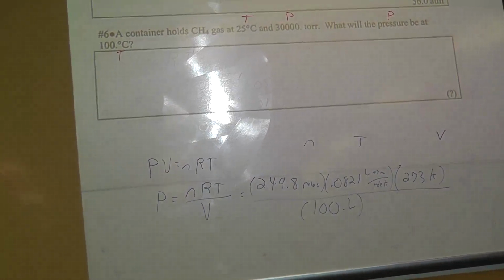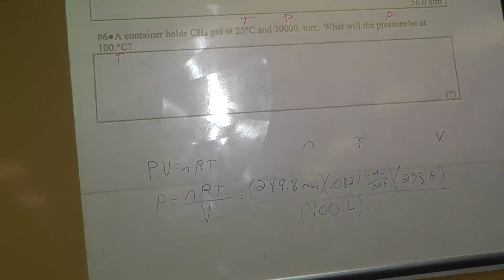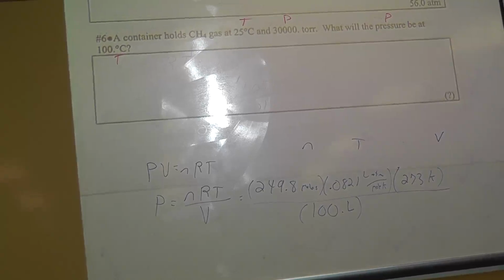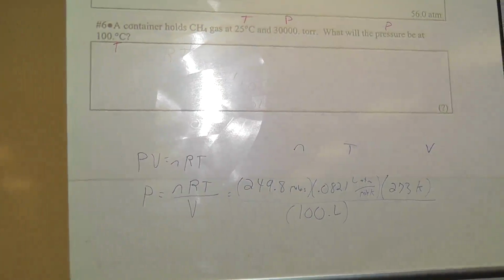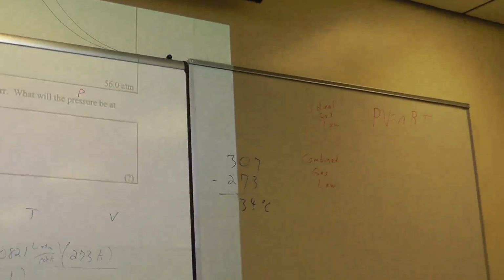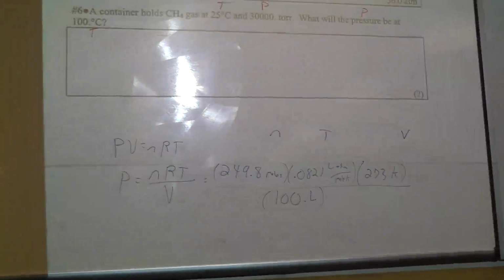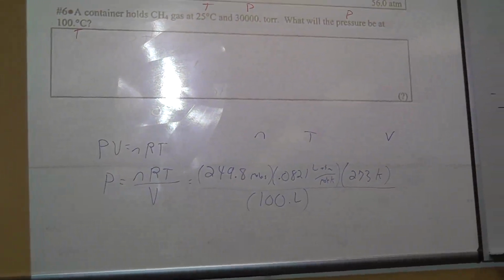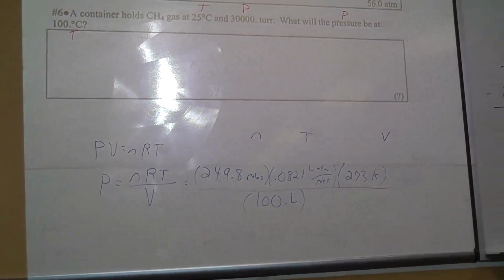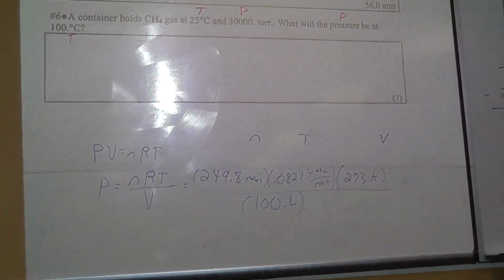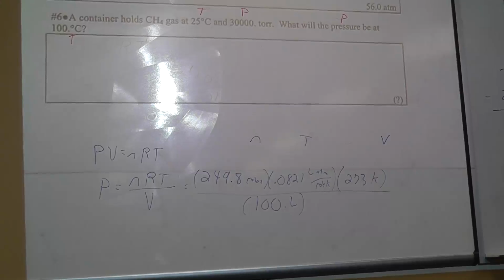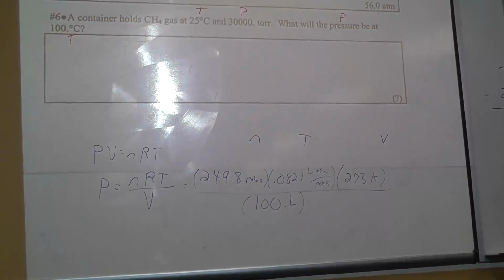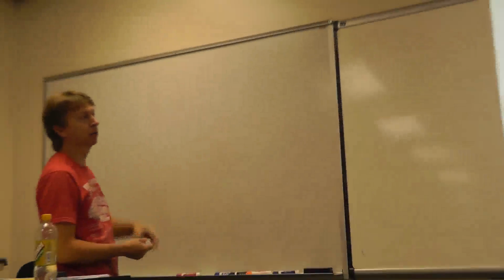And so this is where we're going to need what's called the combined gas law. Now, what I'm going to write on this side of the board, don't bother writing down. This is just an illustration of where the combined gas law has come from.